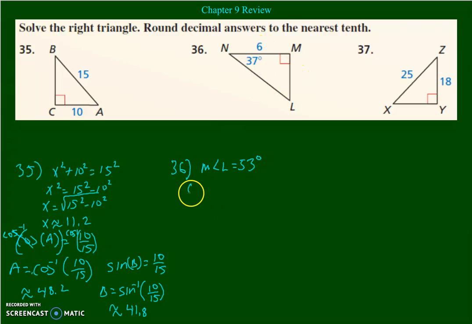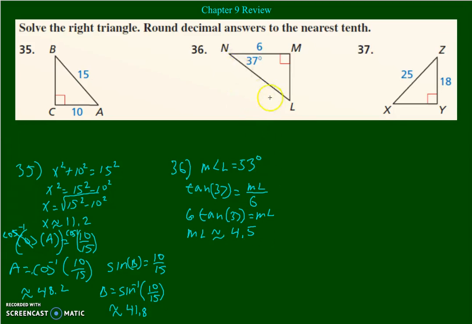So tangent of 37 equals ML over 6 oats away. 6 tan 37 equals ML. ML is approximately 4.5.